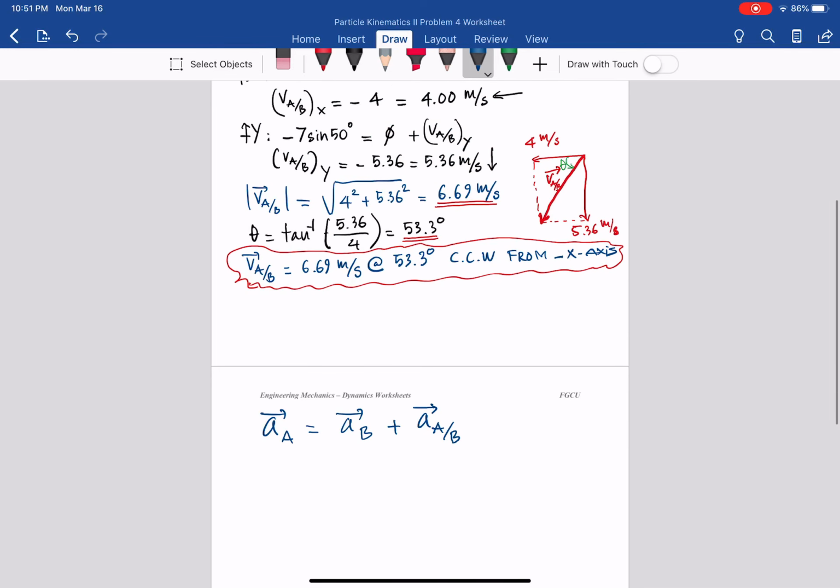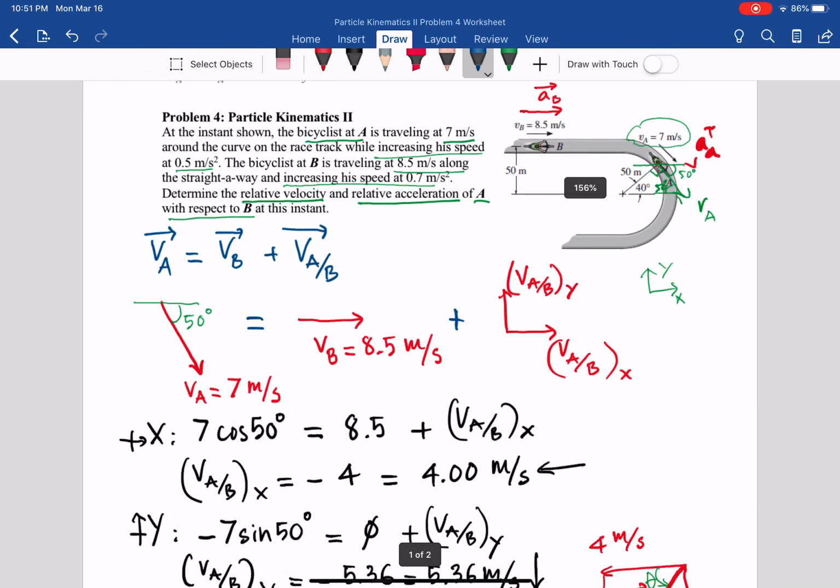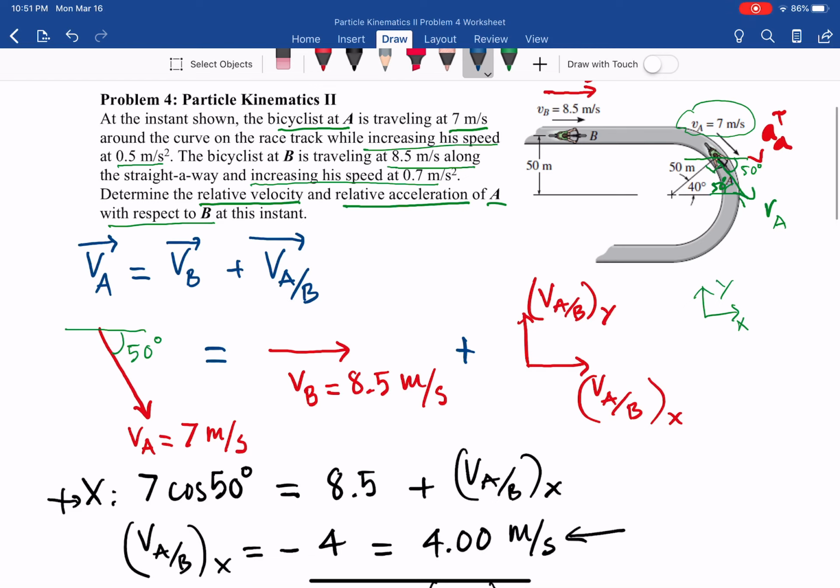So A_A, the acceleration of A, as you can see, has two components. Keep that in mind. The first one is the tangential component, tangent to the path, and because this is curvilinear motion, we have another component, which is normal and perpendicular to the tangential, going to the center of the curvature.